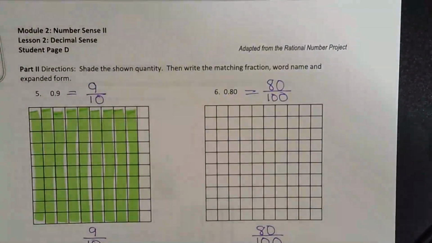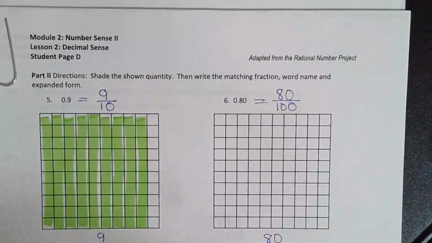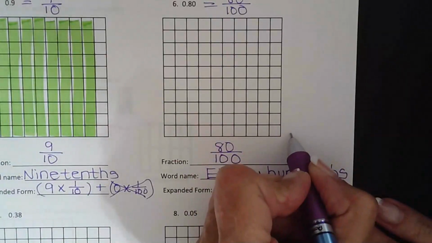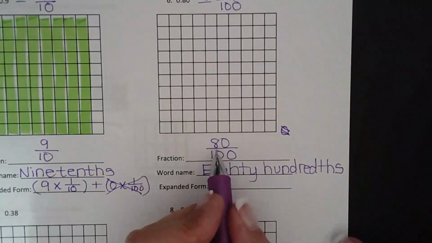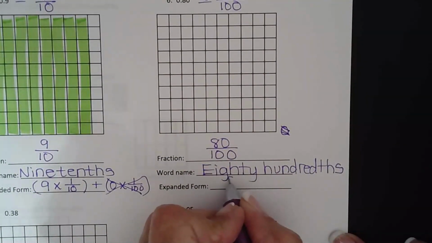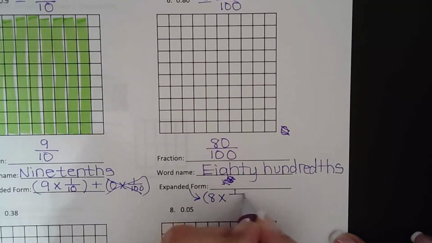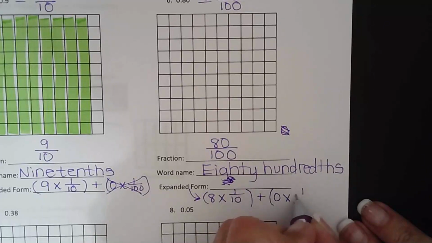And expanded form. Now this one you would probably want to put the 0 in, where here you don't really need it because it's not written in the problem. Here, because the 0 is written, you will want to put that in. Oh no, we want to do it with fractions, that's right. So that would be 8 times 1/10 plus 0 times 1 over 100.